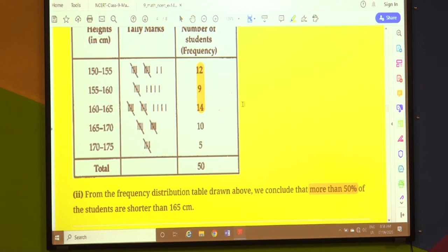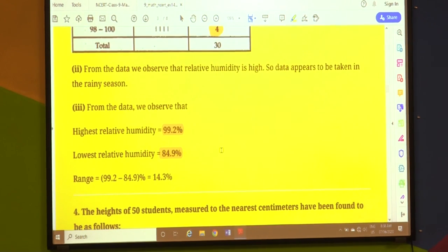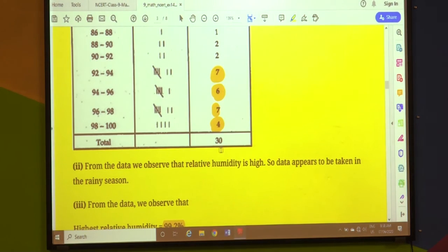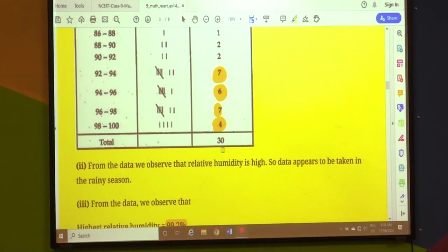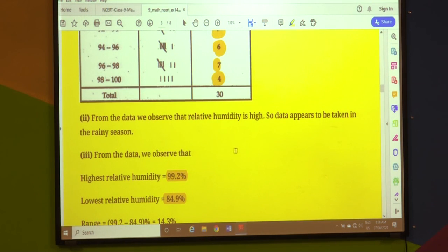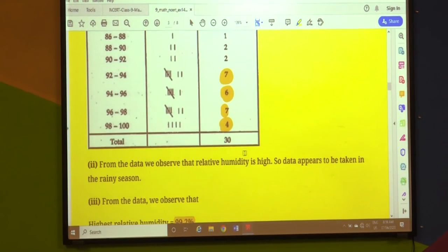I think you must have understood what exactly we conclude from this. One more thing, in the previous sum with humidity also, it was said that from the data above we observe that humidity is high, so the data is from the rainy season. Obviously through our observation all these things are happening.